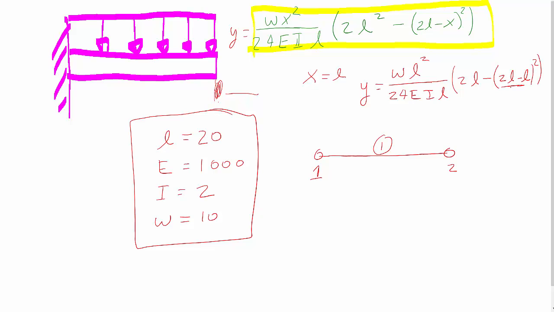This term will drop out an L, so you'll have 2L. This term, like I said, would be L squared, because 2L minus L is just L. Then you've got 2L minus L squared.